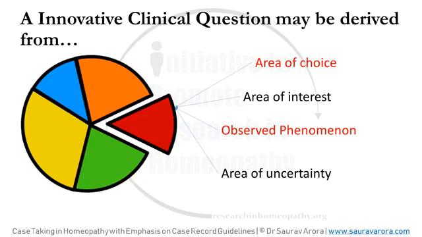If you have an area of interest, you will work well in that area. If you have observed some phenomenon which is different from others, it would be of keen interest to you. And of uncertainty: why it happens, how it happens, what happened when we gave the remedy. If these things are fulfilled, our clinical quotient will convert that case or case series into a published case series, because there is something of interest, something of uncertainty.